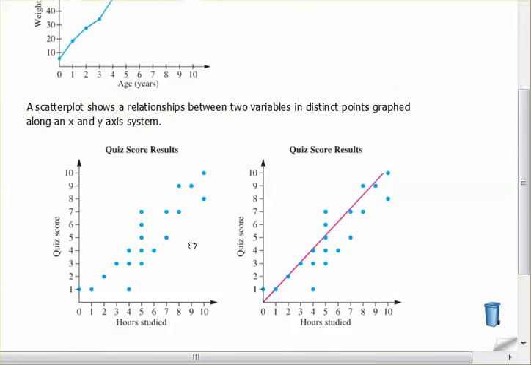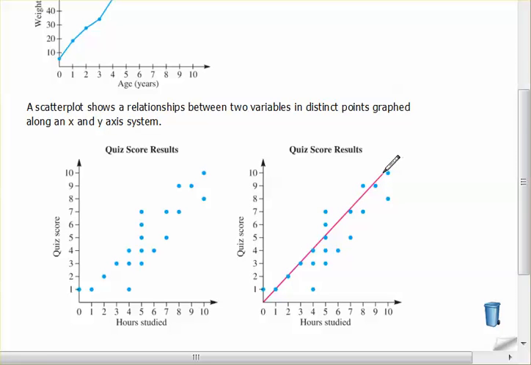Okay, scatter plots. Scatter plots are another type of graph that we'll be talking about and seeing, and you guys should have covered this in college algebra also. But scatter plots are where we actually plot individual data points on an X and a Y axis system, and then by doing that, we can find the line of best fit that would give us kind of a trend.